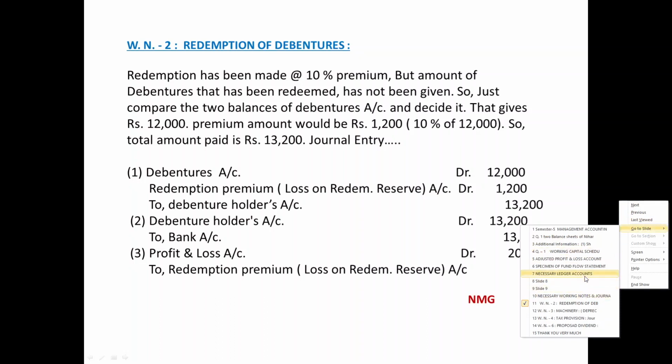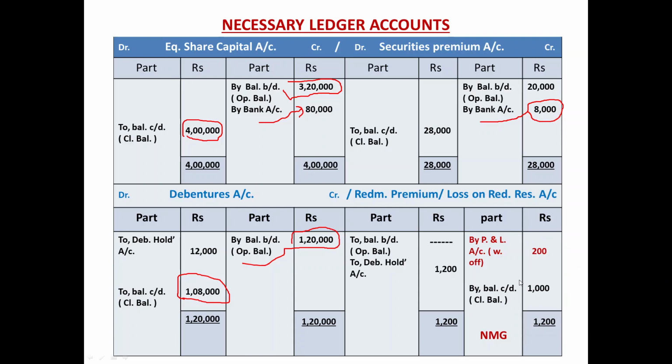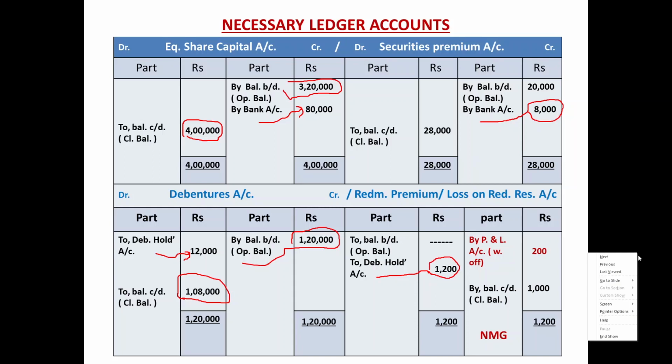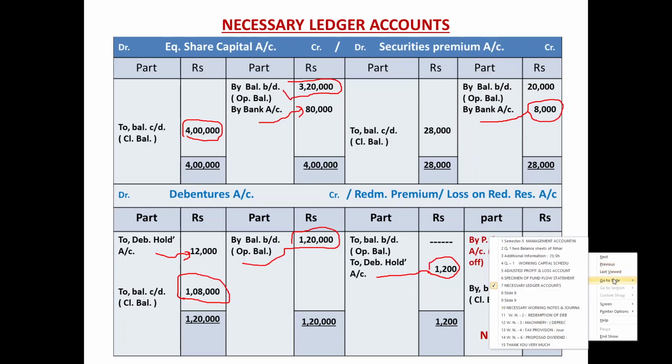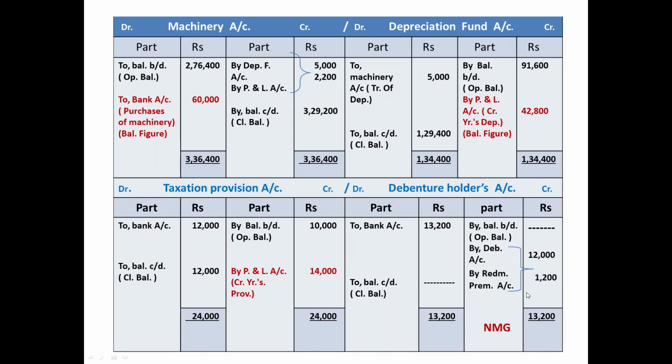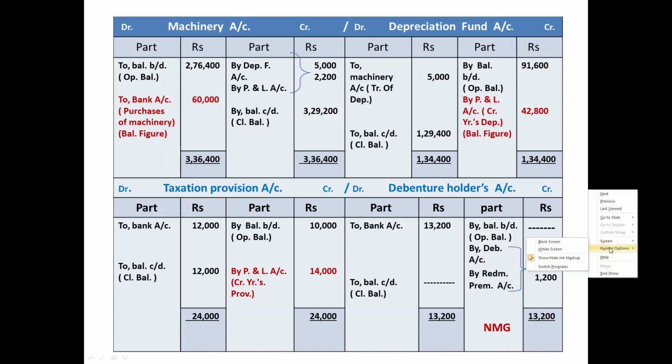Let us give the posting of these two transactions related with debenture redemption. Debentures account debit 12,000. This is the posting. Redemption premium, or the word that has been used over here, debited 1200, to debenture holders account credited rupees 13,200.